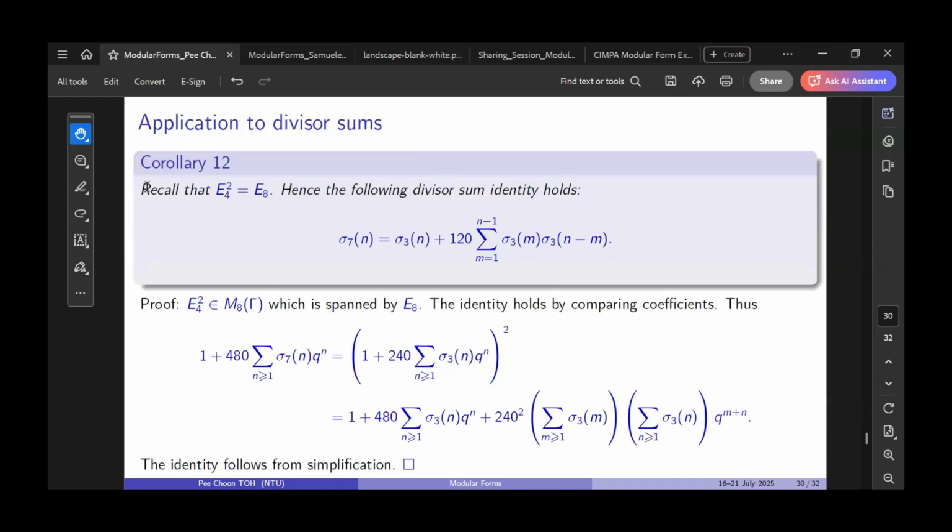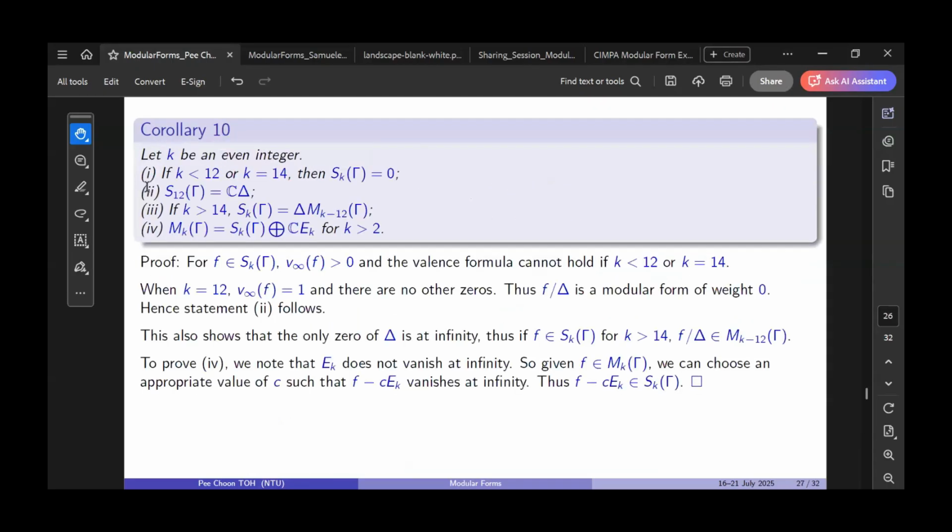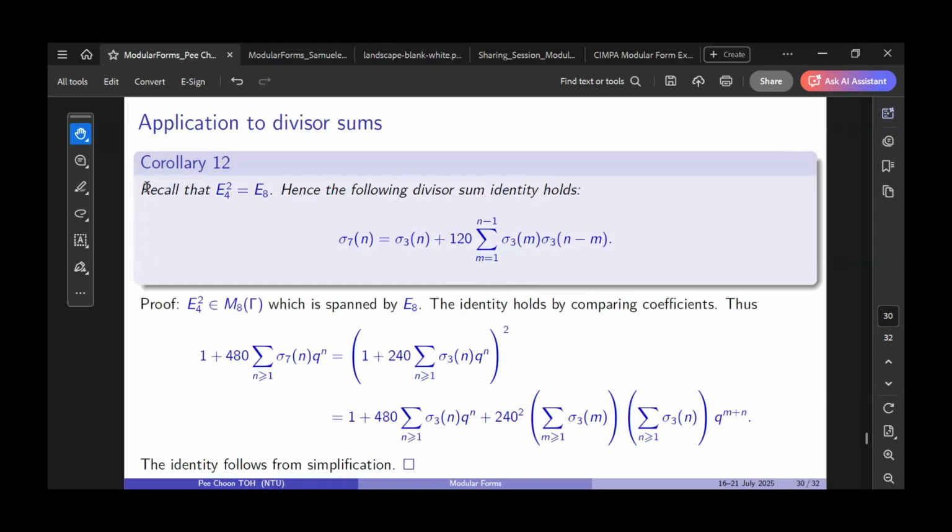So we can use this Eisenstein series to prove that this equation holds. So the sum of all divisors of n to the power of 7 is actually equal to the sum of all divisors of n to the power of 3 times this.